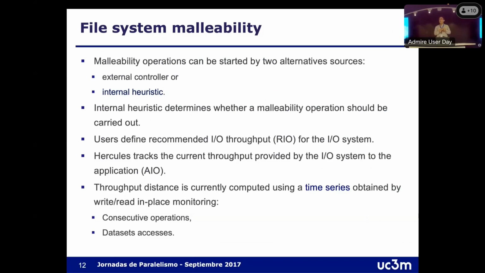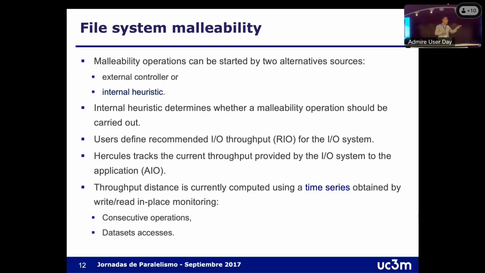One is to use external commands using the script, as we saw here. You can say Hercules expand, Hercules shrink, and you can say the number of nodes, okay? You could even say which nodes you want to expand or shrink with a host file. So that's easy.